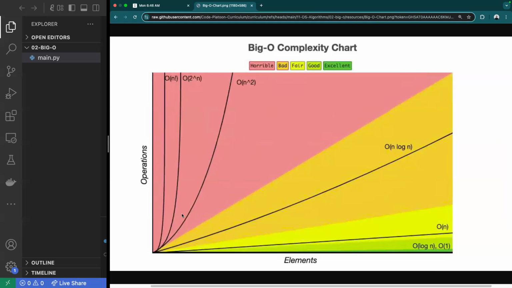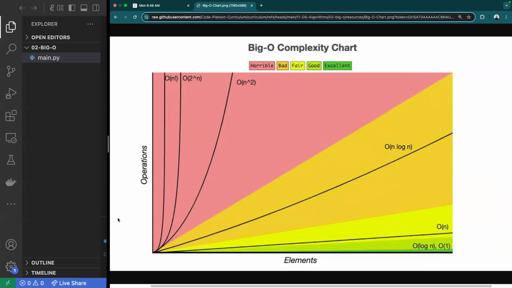All right. So with big O notation, the best thing we can provide is either instant time or O of log n time. We have O of n time, which is the equivalent of linear time. And then after that, we just progressively get worse. We have O of n log n.